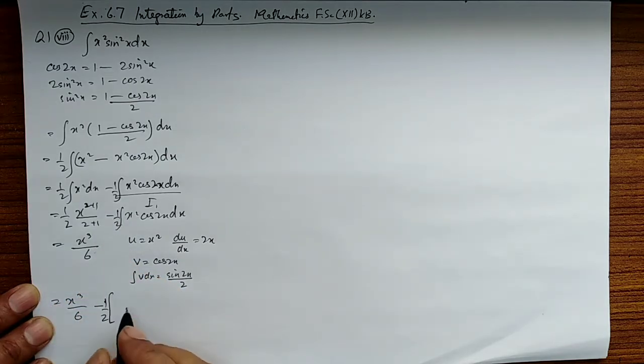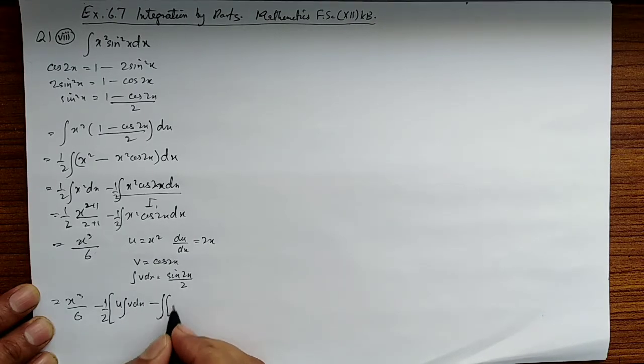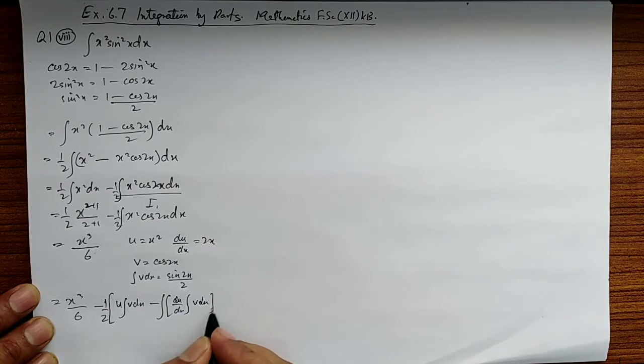Just take this 1 upon 2 outside, and the formula says that u into integral of v dx minus integral of du upon dx into integral of v dx, whole dx.